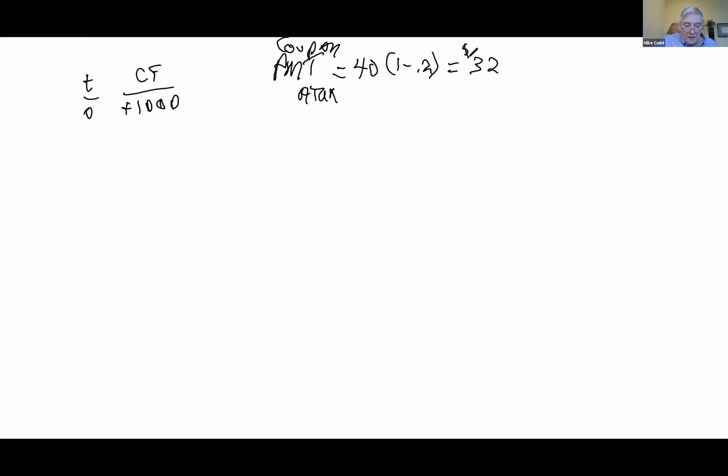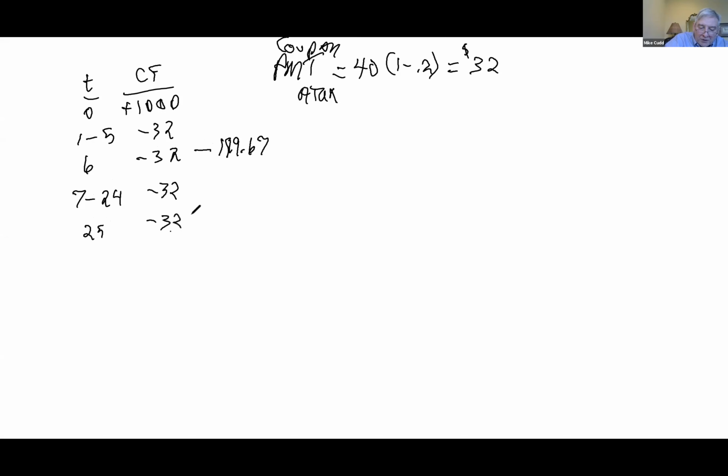And they'll make those payments for 25 years, but in addition, in year 6, they also expect that cash outflow from exercise of the warrants. Then for the remaining years, the coupon payments, and then in the last year, the coupon payment, and they have to pay the redemption value of the bond.